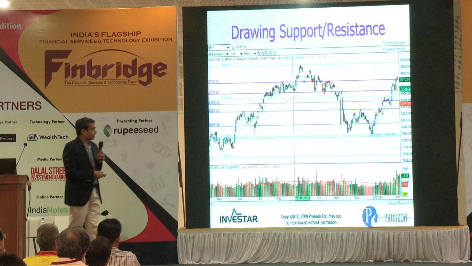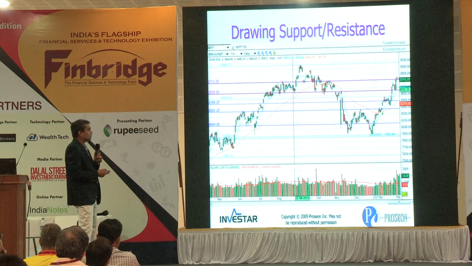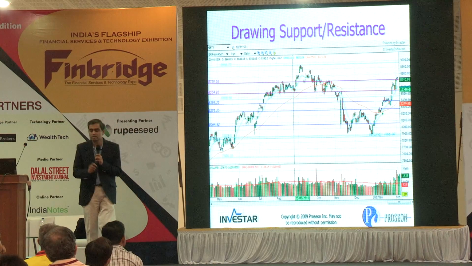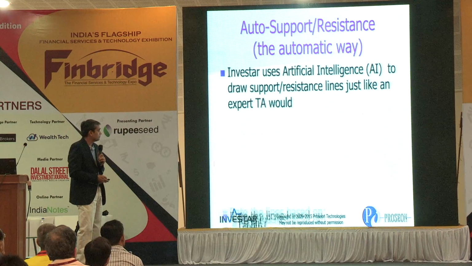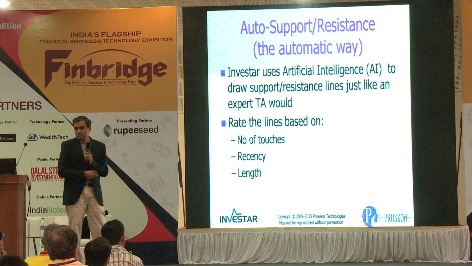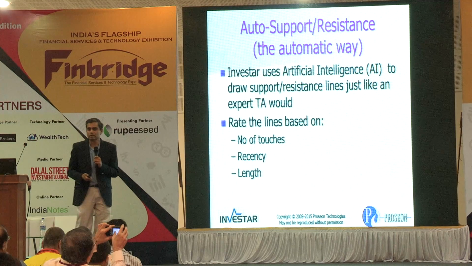The second important thing is, you'll see the different colors, dark blue and light blue. Now the dark blue line is actually the very strong resistance and support lines based on the factors that I have mentioned earlier: number of touches, the recency, and the length. These three factors are used to rate the lines, and that's how we get the coloring of the lines.